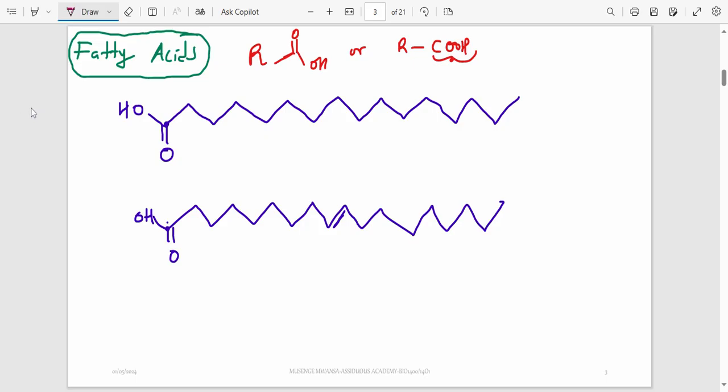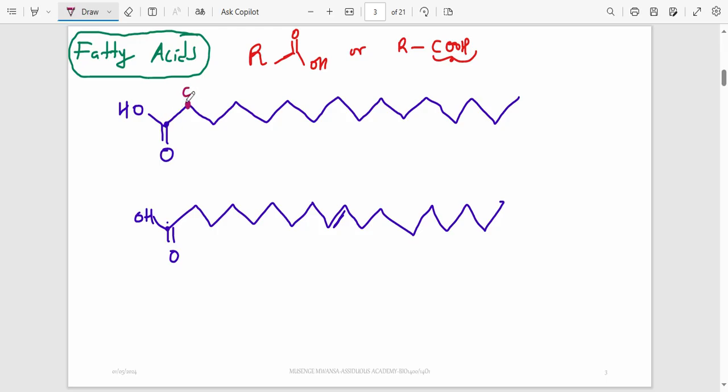Now for these fatty acids, we determine the formula. Each end that you can see is a carbon atom. As long as you have a bond on one side and on the other side, that is two bonds.